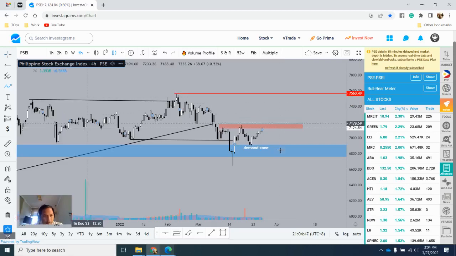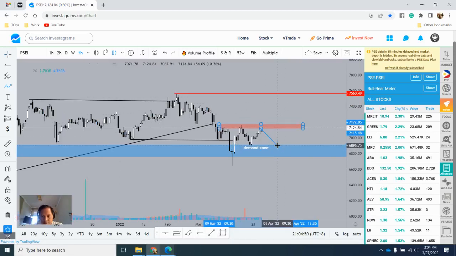Otherwise, what can happen is a sideways move between this resistance level to here, sideways, or we go down, or we break above this resistance level or supply zone in order to retest the high of that market structure. Okay, so we cannot see yet right now where it is heading.